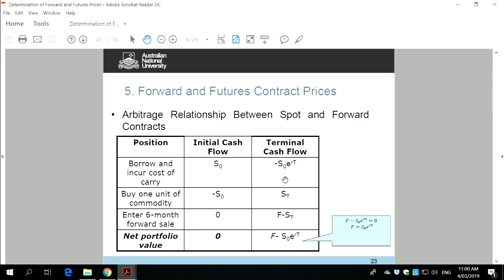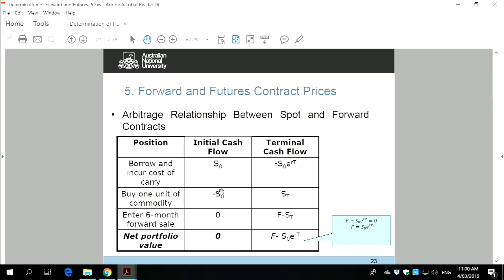Now we can do that by using more fundamental securities. We can borrow some money from the bank, so that's the money coming in, and incur the cost of carry. And then we use the same money to buy that unit of gold, all right? And what happens with that unit of gold in 1 year's time is that the gold changes in value. So the gold value would become the final spot price at the maturity date.